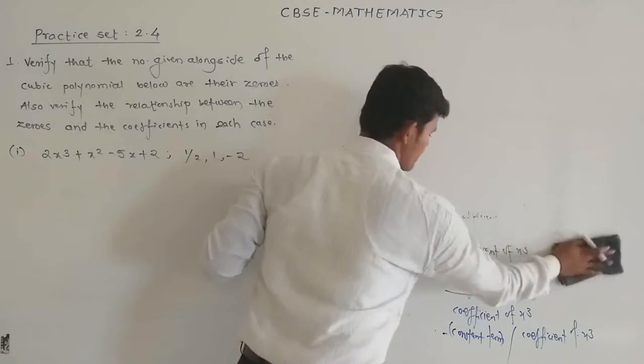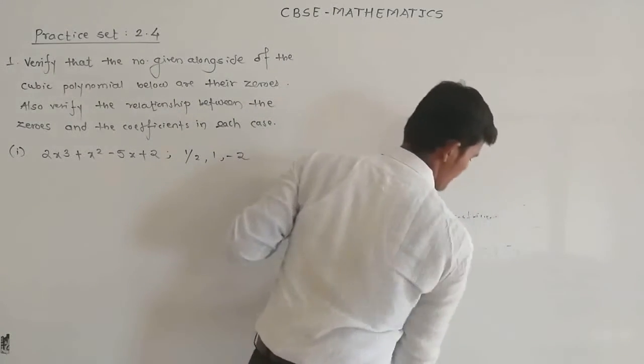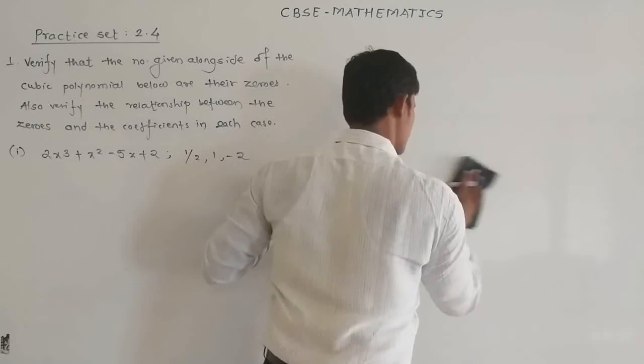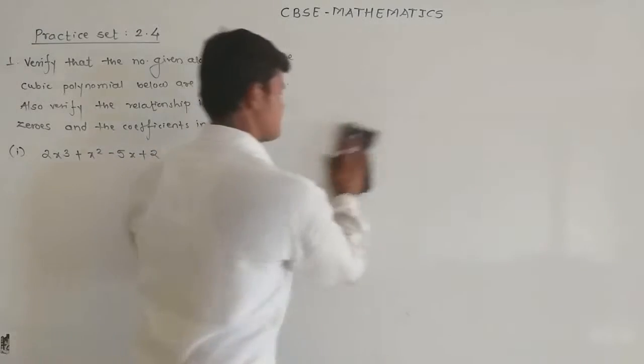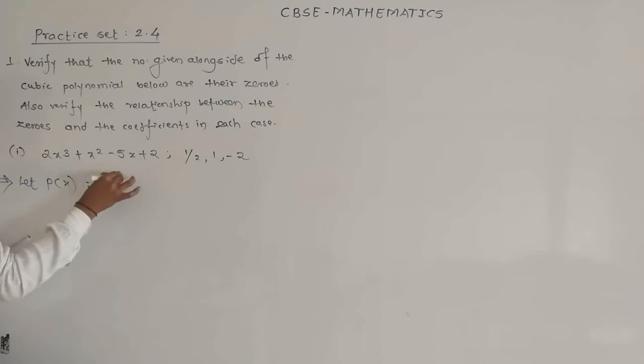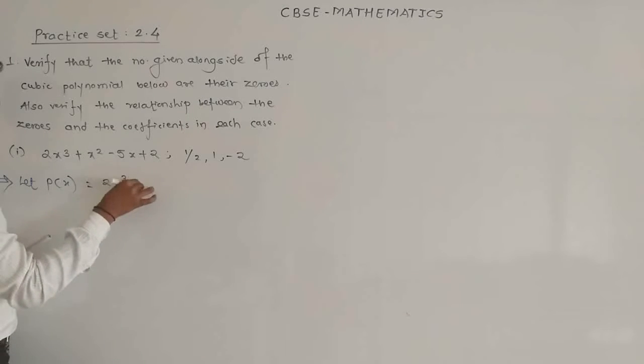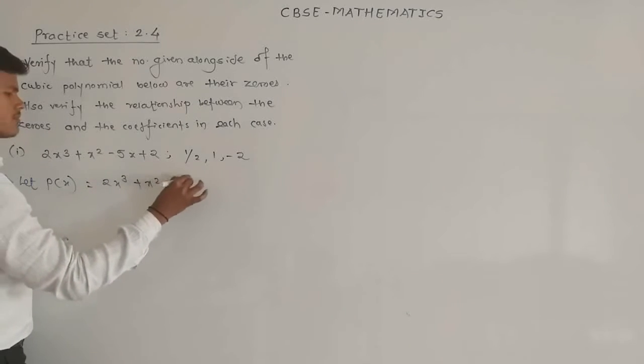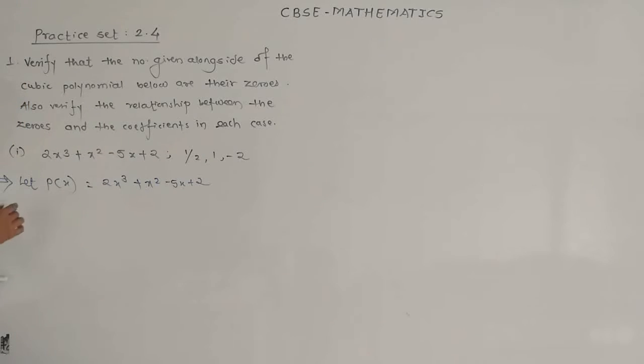Consider the polynomial p of x equals 2x cube plus x square minus 5x plus 2.